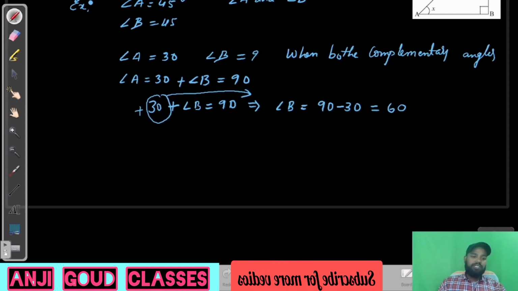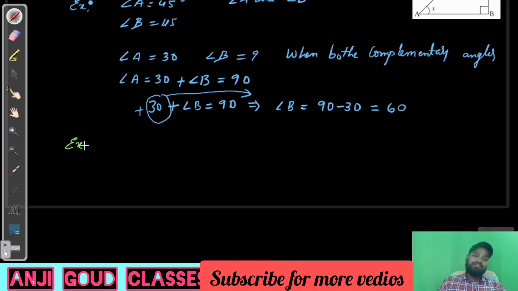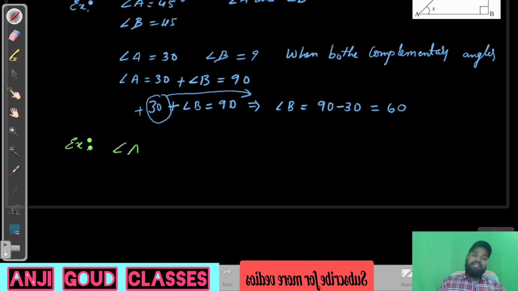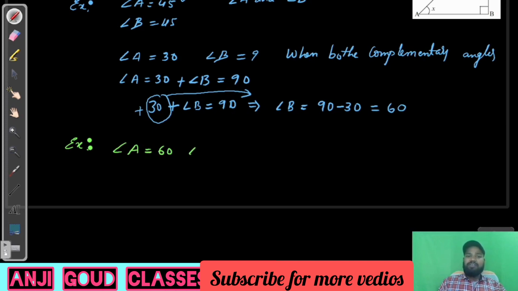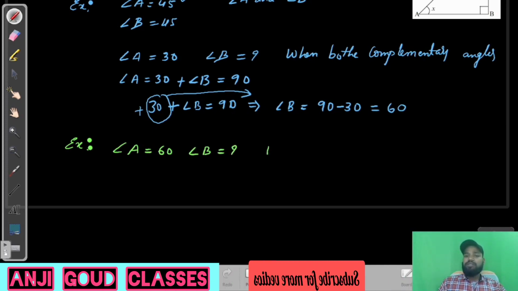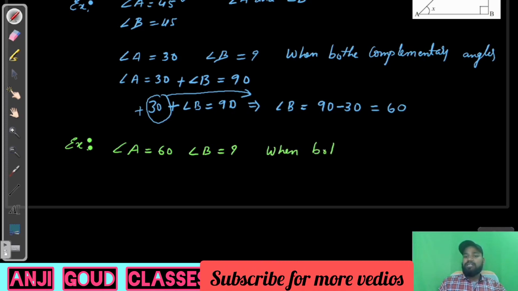One more example here. Let us take angle A equals 60 degrees. Then what is angle B when both are complementary angles, where A and B are complementary?